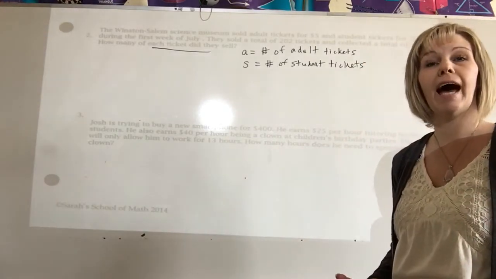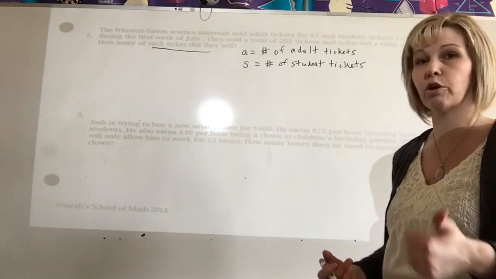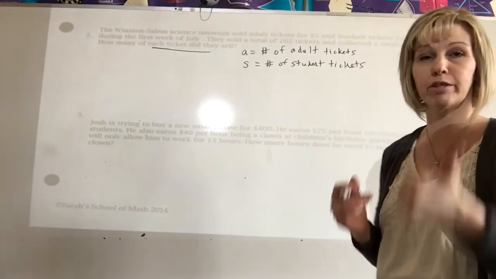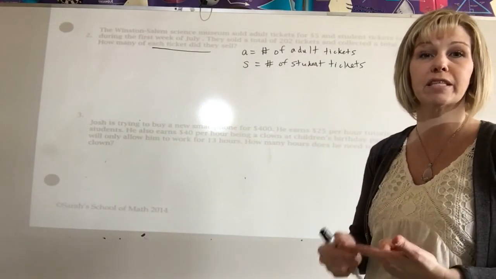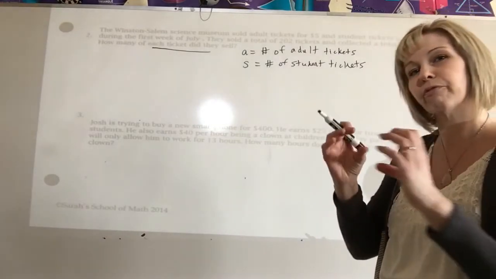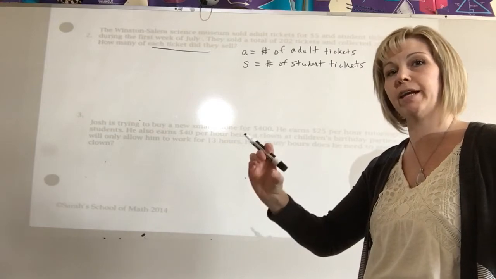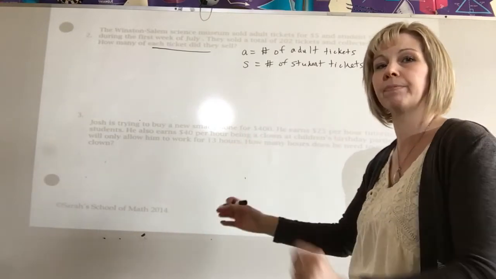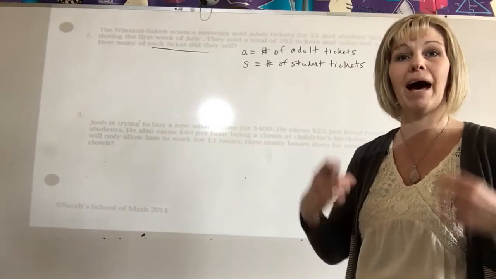So if you're looking now about putting it together, figuring out what kind of information you're given, go back to remember our steps. First thing, we got our variables identified. Then we want to figure out the system of equations. In the other problem, the first sentence gave us an equation and the second sentence gave us an equation. Here, you kind of have to pull out the information and figure out how to set it up.